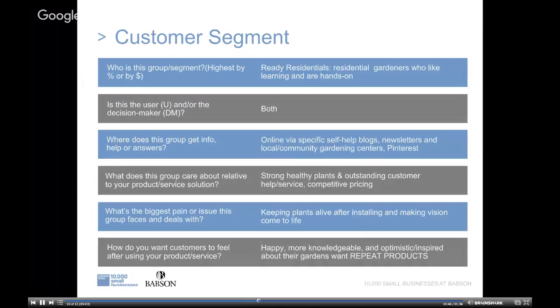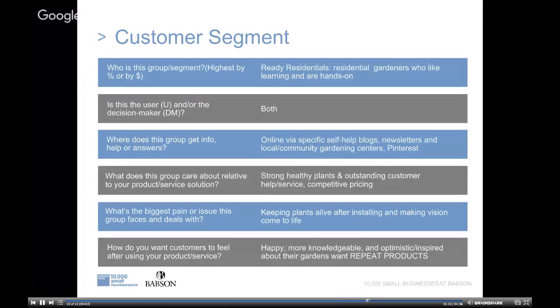Now, what this group really cares about in the Rolling Green example is they really want strong, healthy plants. They want plants that are not going to die on them. They also want to be able to have good customer help and service. When they go to the retail location, they want someone who can answer their questions about particular types of plants and seeds. The biggest pain point or issue with this group?